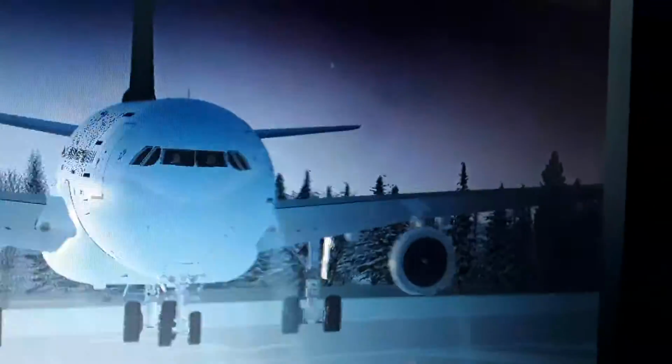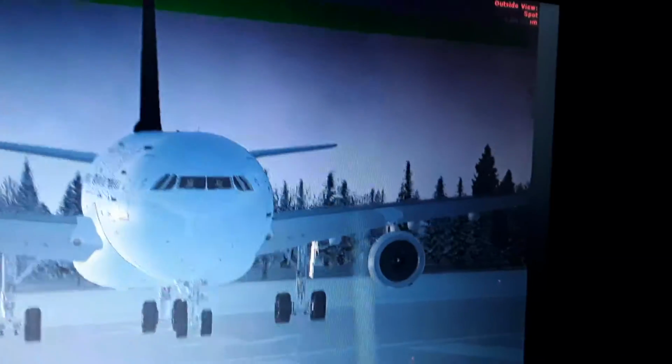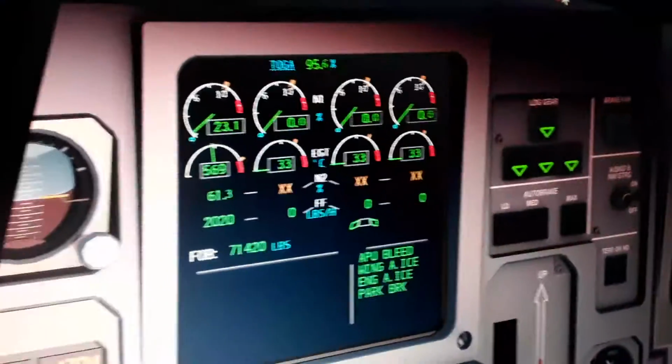So you can see here the engine is starting. We have engine number 1 starting. We're going to have engine number 2 starting in a while. I'm going to turn the engine number 2 master switch on.